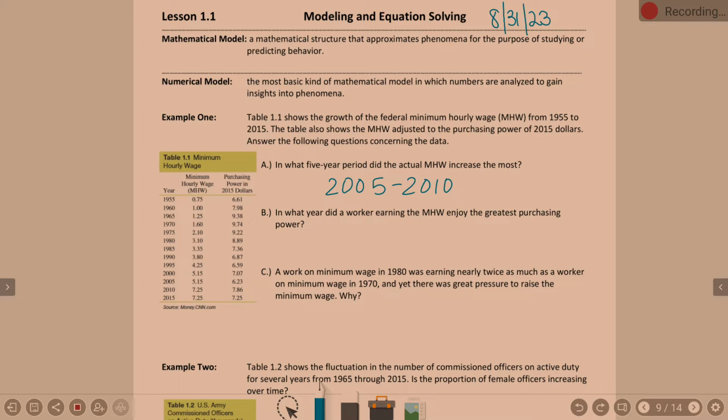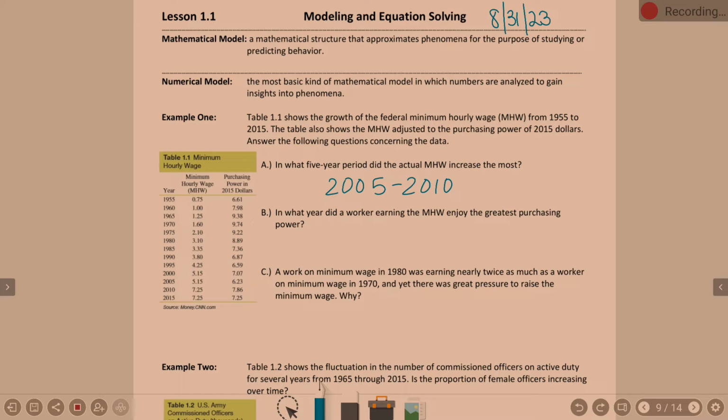In what year did a worker earning the minimum hourly wage enjoy the greatest purchasing power? Is it 70?